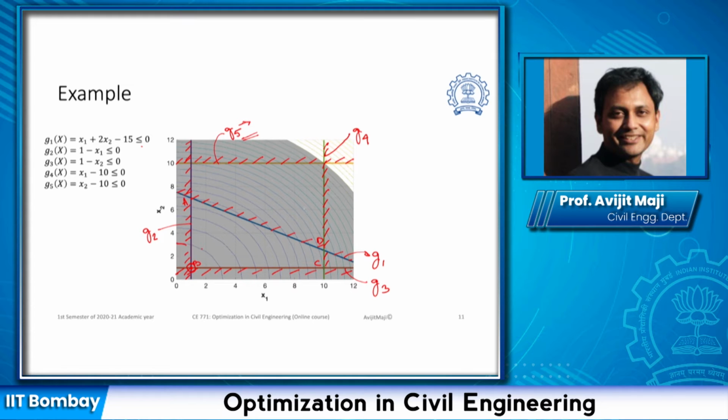If I am looking into the active constraints G1 and G4, this is my common point, so my solution could be here. If I consider my active constraints are G3 and G4, my solution could be here. And if I am looking into G2 and G3 as my active constraints, my solution is going to be at point B.